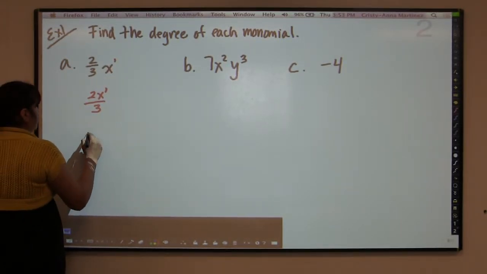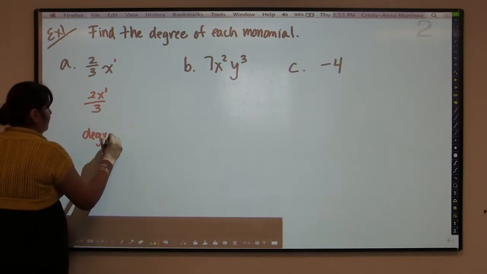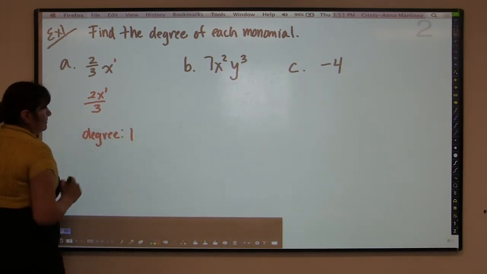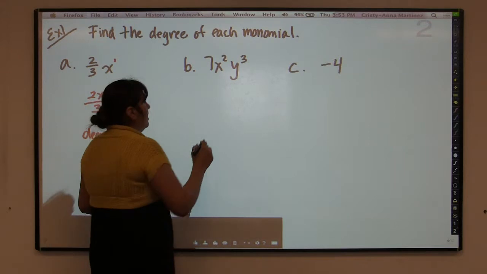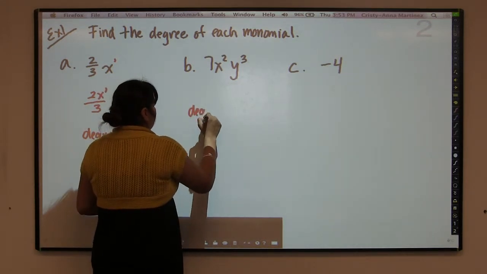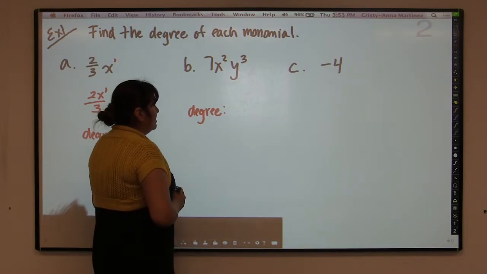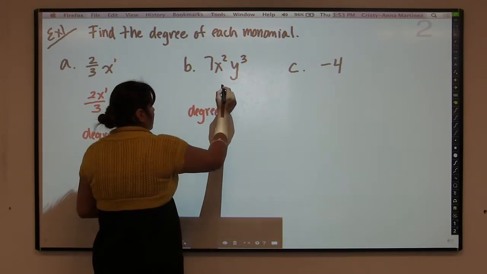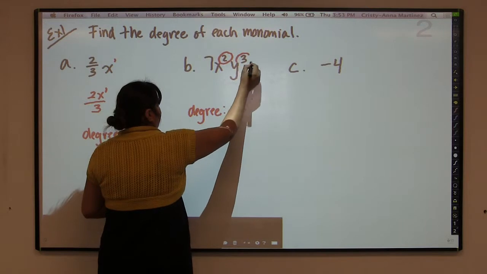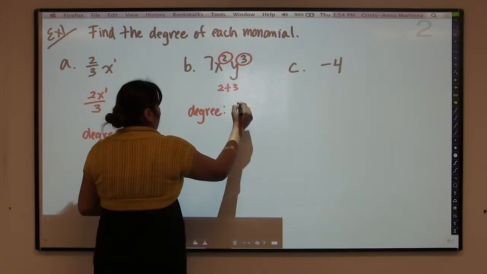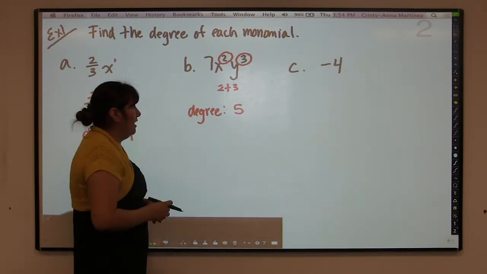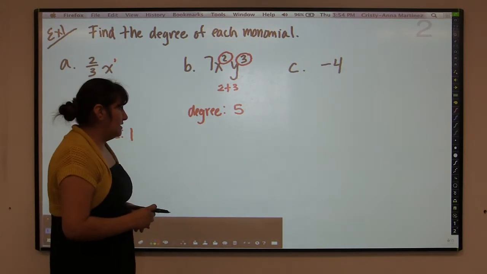So in this case, the degree of a is 1. Over here we have one where the exponent of the x variable is 2 and the exponent of the y variable is 3. So when I take my 2 and my 3 and add them together, I get 5. So the degree of 7x squared y cubed is 5.